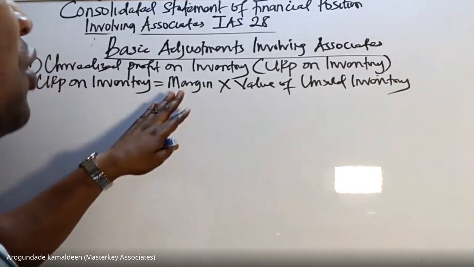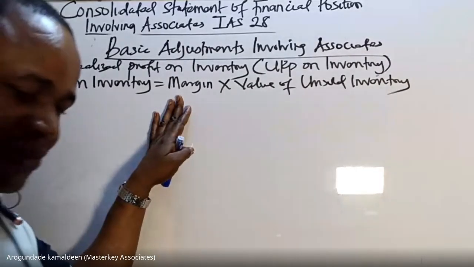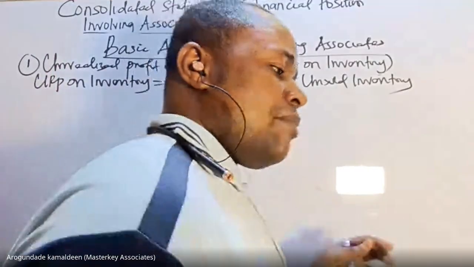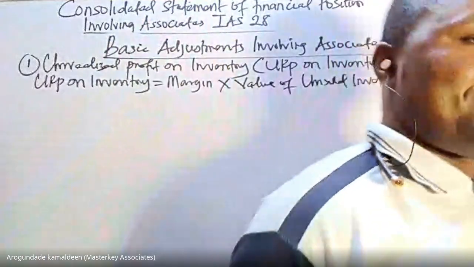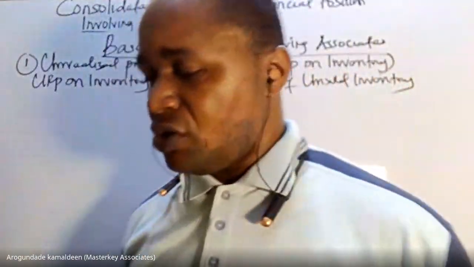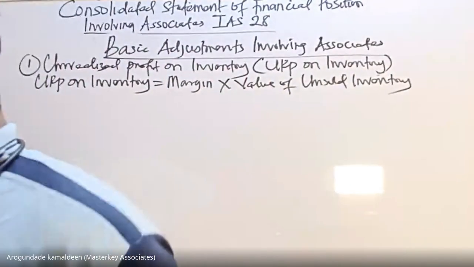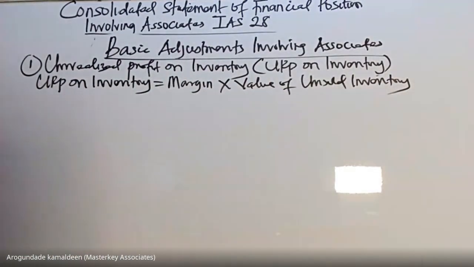So it means you are going to get your margin. Perhaps the margin is not there and you have markup cost. You are going to convert markup to margin. You know all this.